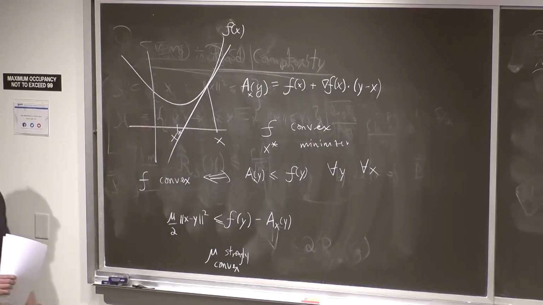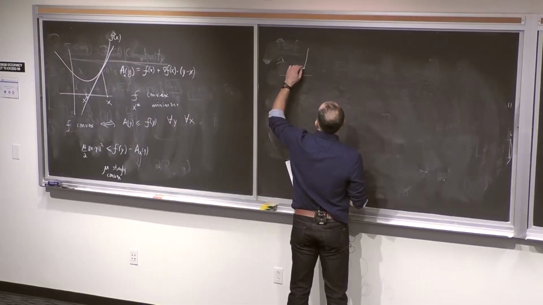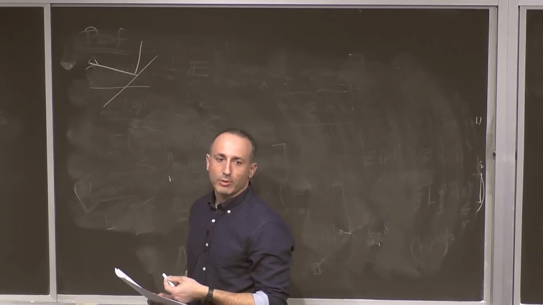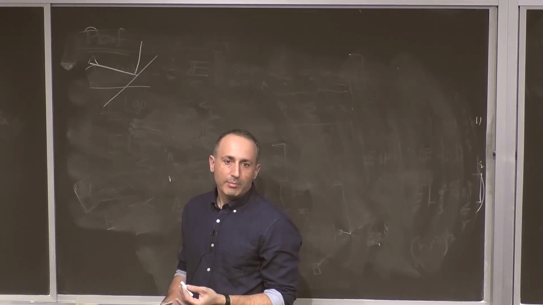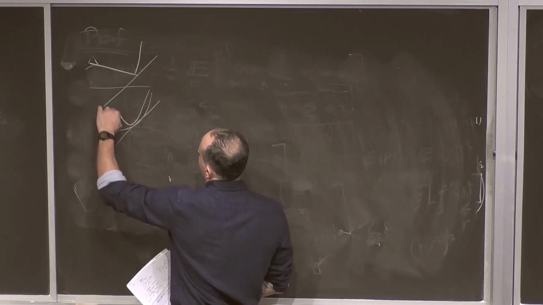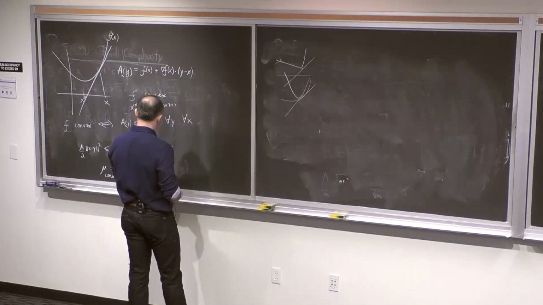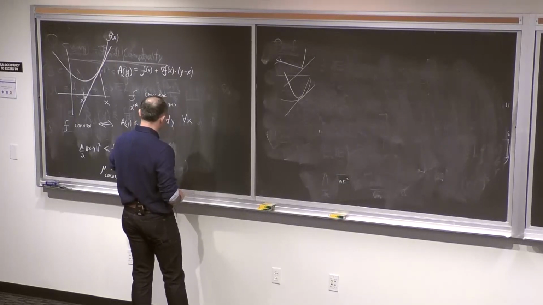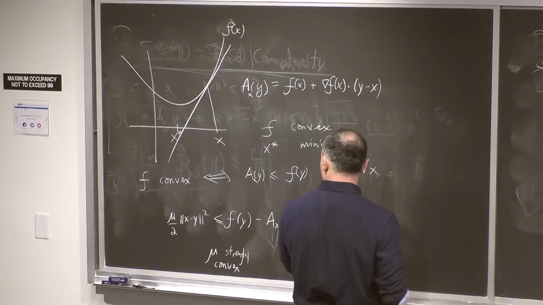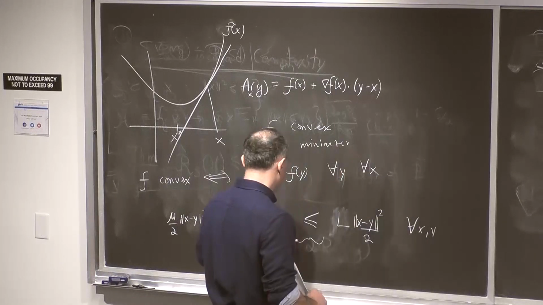Now, you might have a function that has a corner in it, in which case it can really jump faster than quadratically above its supporting hyperplane. That could happen, but if that doesn't happen, if there's always a quadratic you can fit above, in other words, if this thing is always less than or equal to some L times the norm of x minus y squared over 2, then we say it's L smooth.